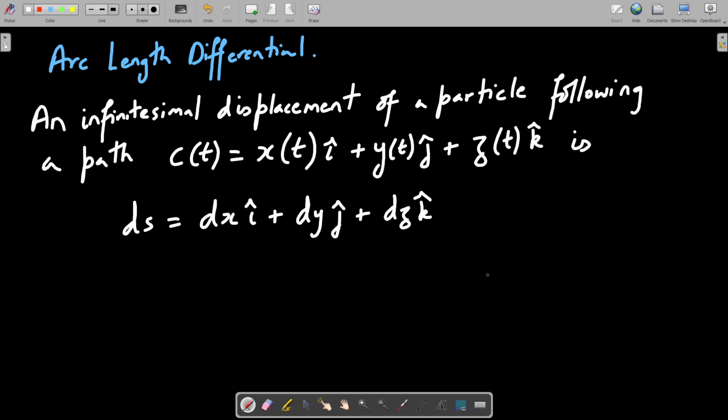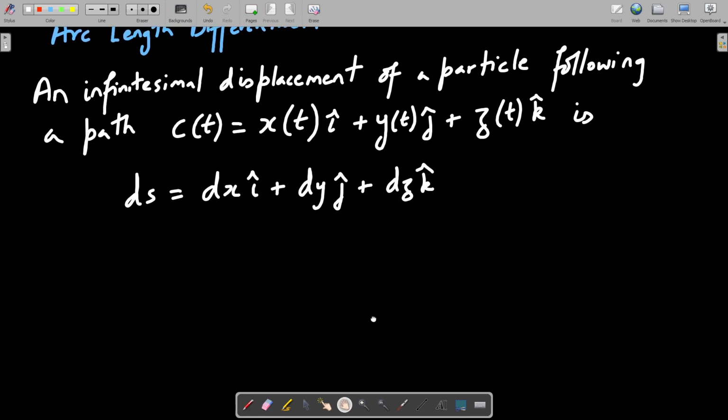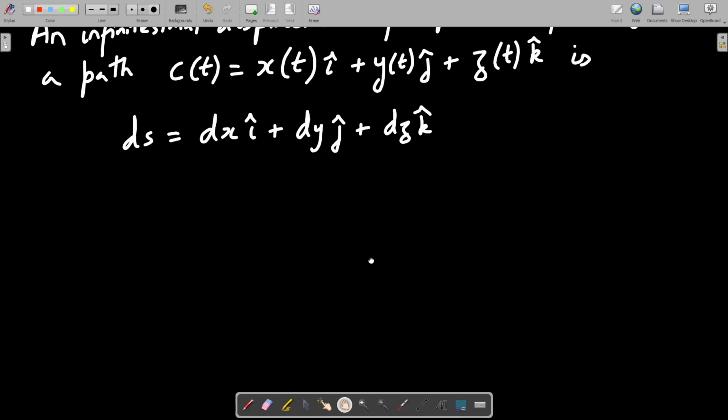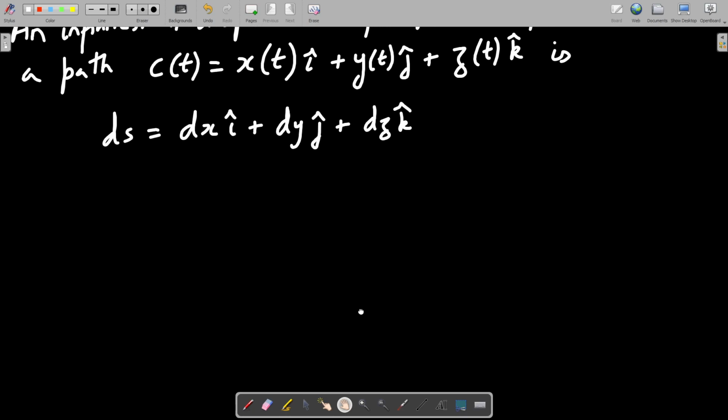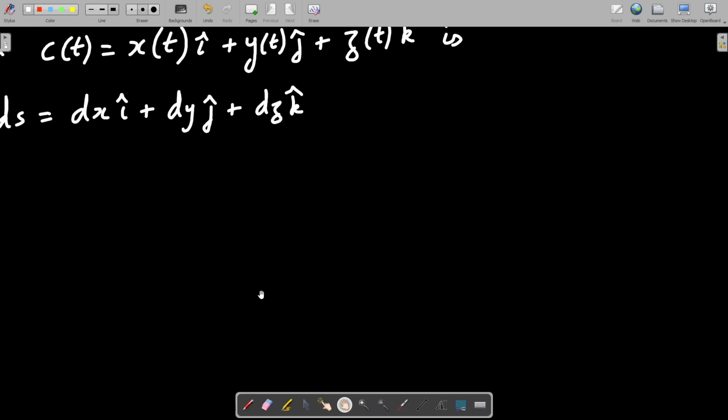So what do you mean by infinitesimal? Wait on, there's something more to be written here. Let me draw the diagram first.